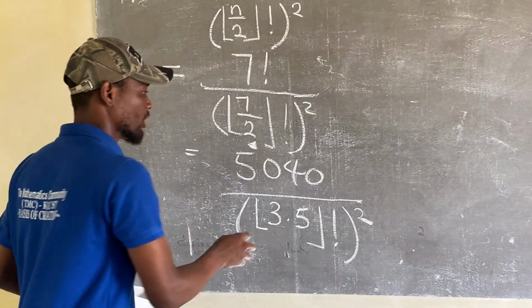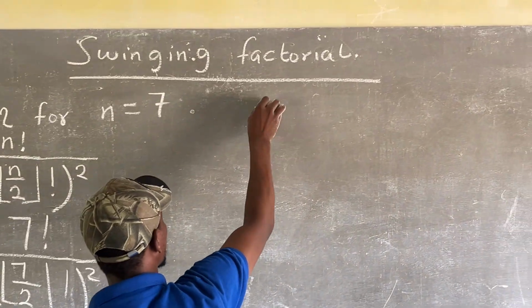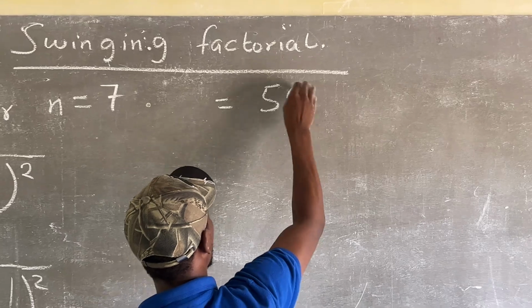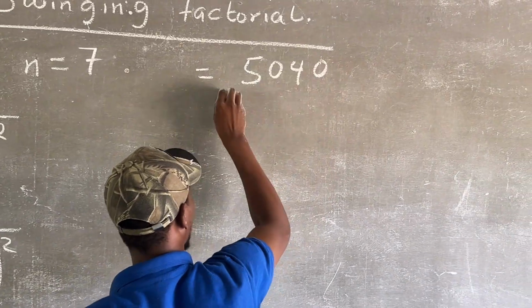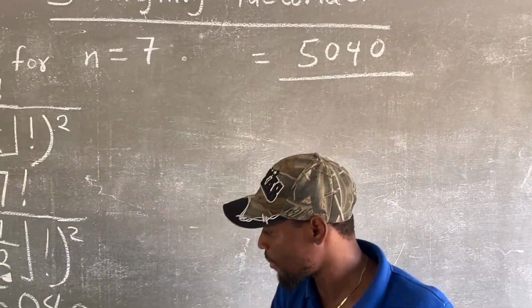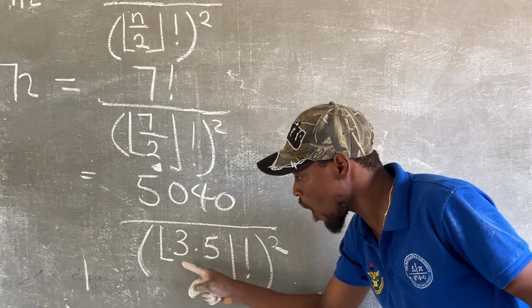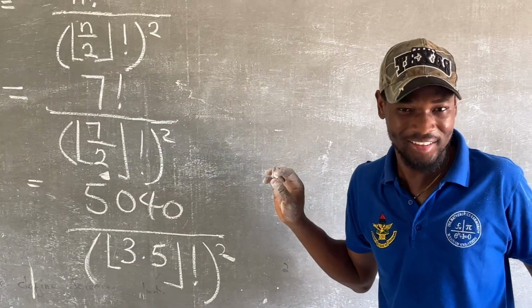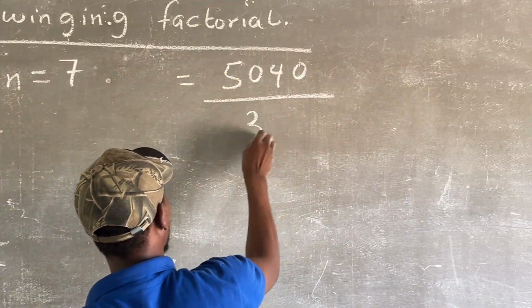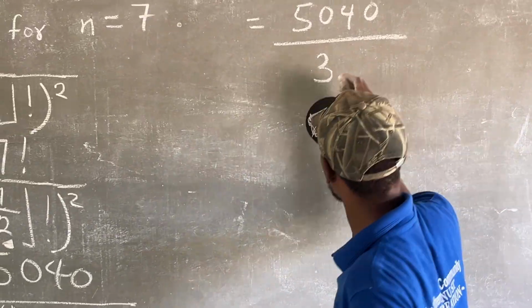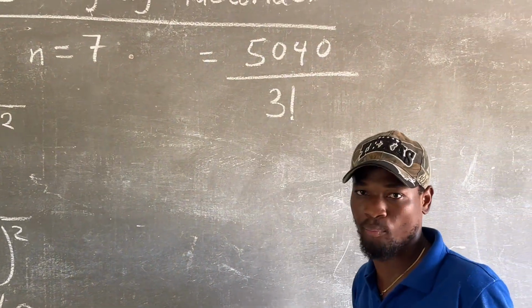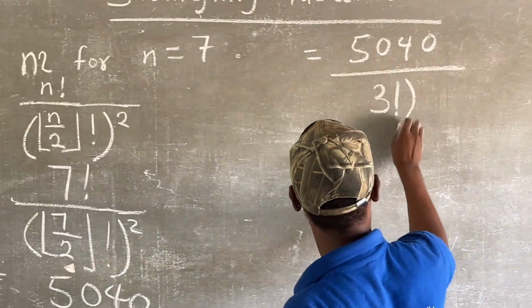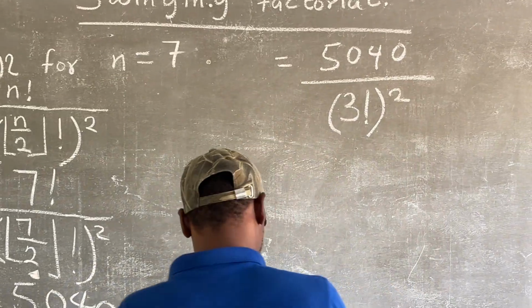So viewers, for want of space, let's come here. So I have 5040 over, do you remember we said floor of 3.5 gives 3? So I have 3 over here, and attached to that is the factorial symbol. And remember, we are squaring everything over here.